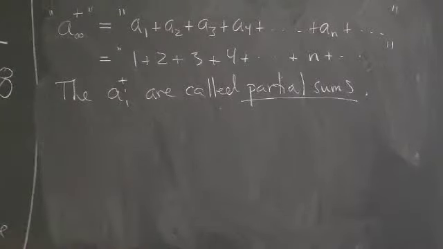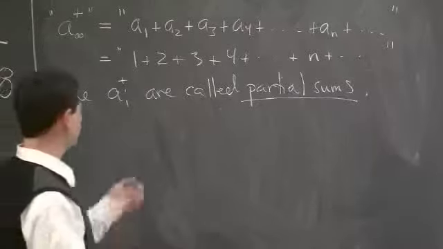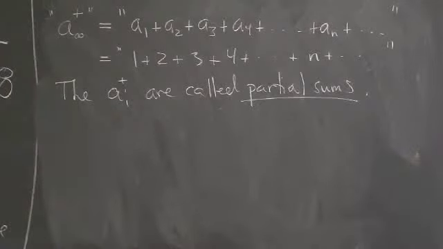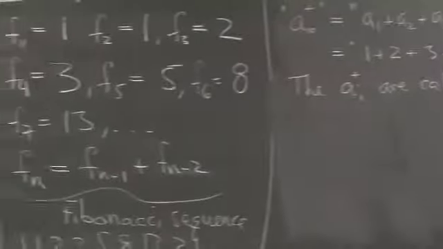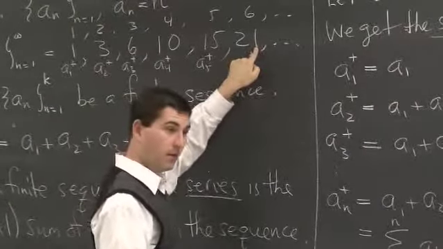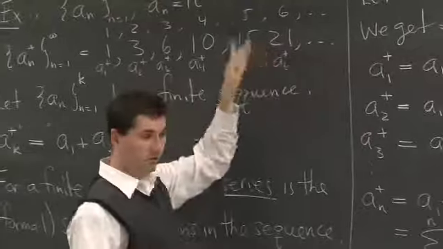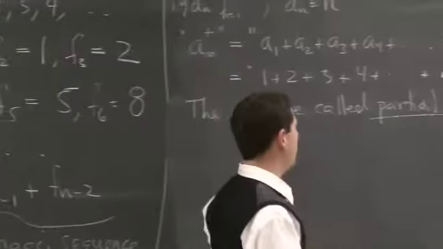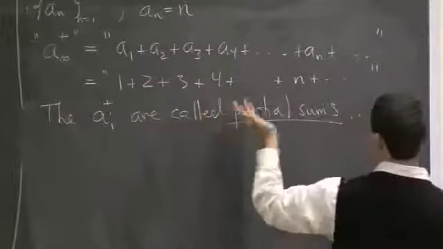If you did the whole thing, it would be called the series. These are only the partial sums. So we looked at these partial sums. Now what happens to these partial sums? They get bigger, very big, and the farther out, they're just going to get bigger and bigger and bigger. So what's the sum of this going to be?